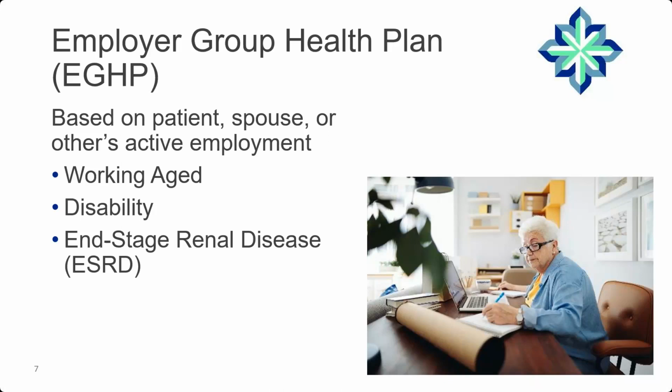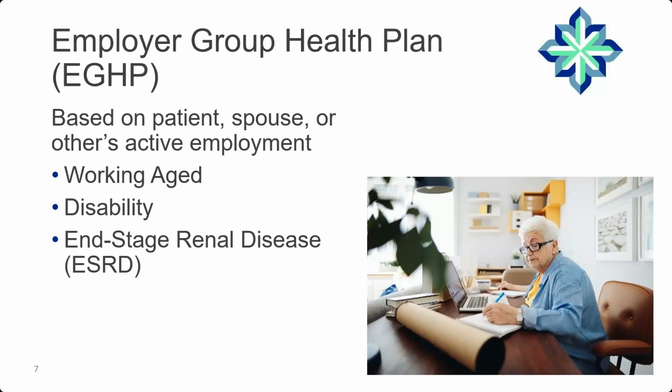So before we move on to the next category, I want to do a real quick recap. Working aged is for individuals 65 and older who are entitled to Medicare and are either still working or they have a spouse of any age who is working for an employer with 20 or more employees.